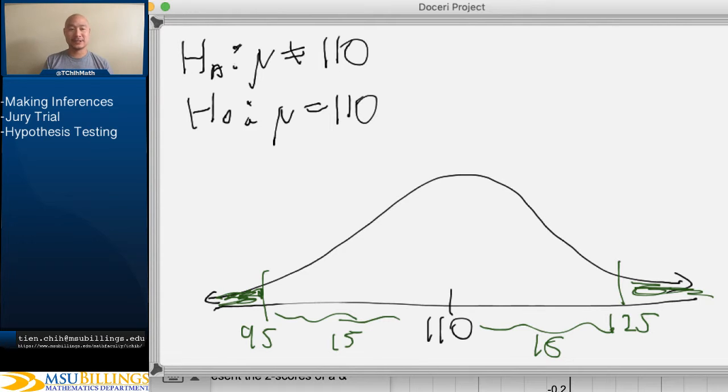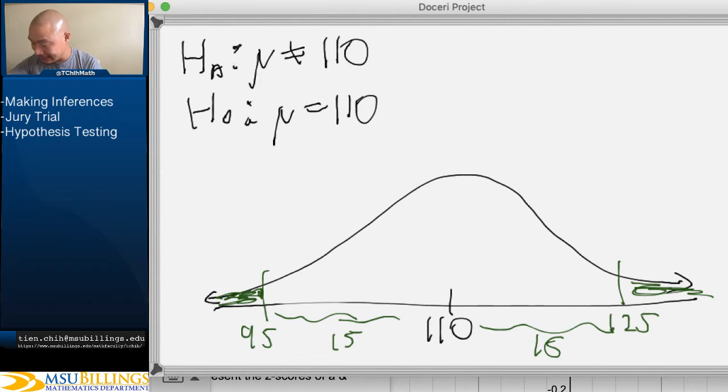And because our alternative hypothesis is that you're not 110, either really large or really small results will demonstrate that the average weight is not 110, right? If you weighed 40 microelephants and they weighed 8 pounds on average, we'd say they probably don't weigh 110 pounds. If they weighed 1,000,000 pounds on average, we'd probably say the same thing.